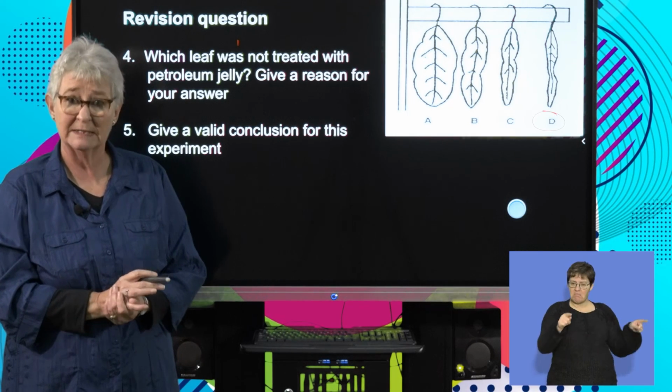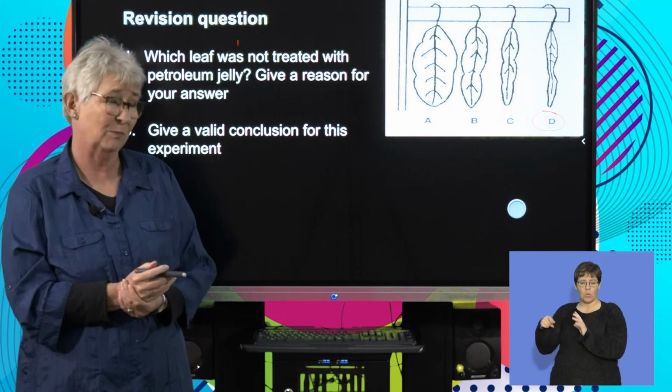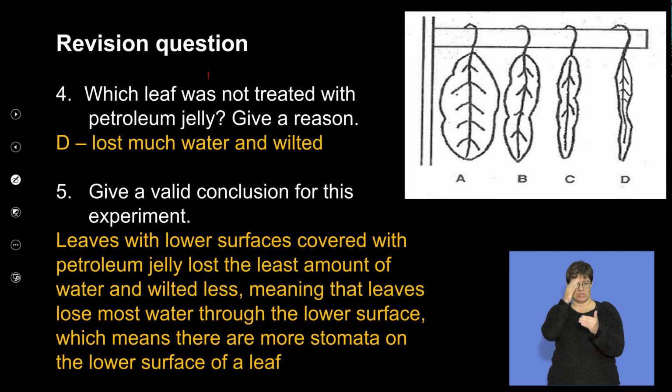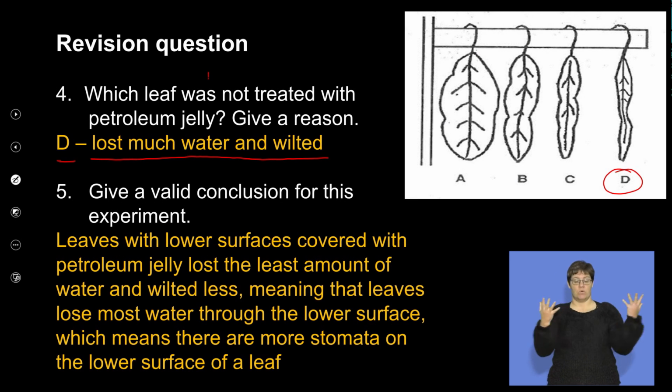So it obviously was the one that had no petroleum jelly on it. Then the next one is give a valid conclusion. Okay, so if we look at this, we can see D. Why is it D? Because it lost the most water. So it must be the one that didn't have any Vaseline on it.